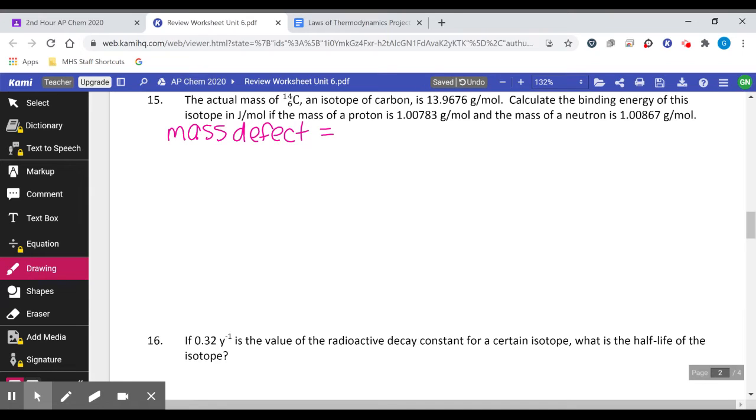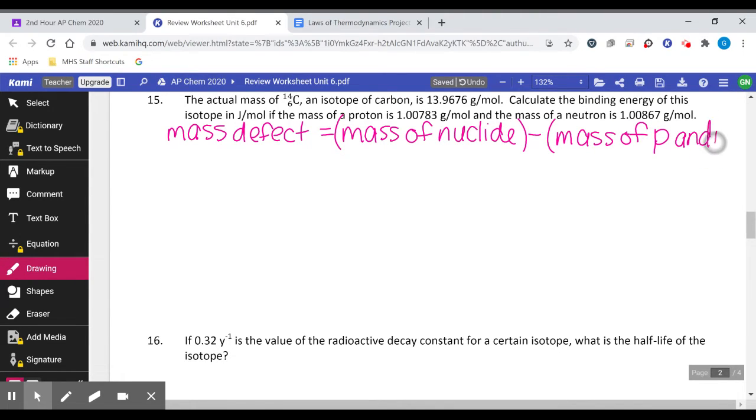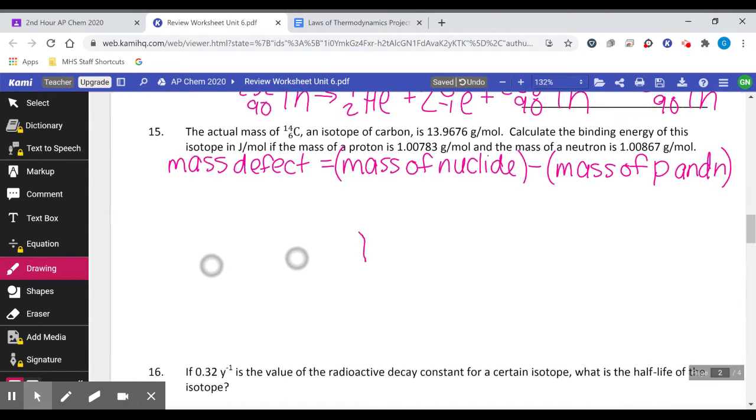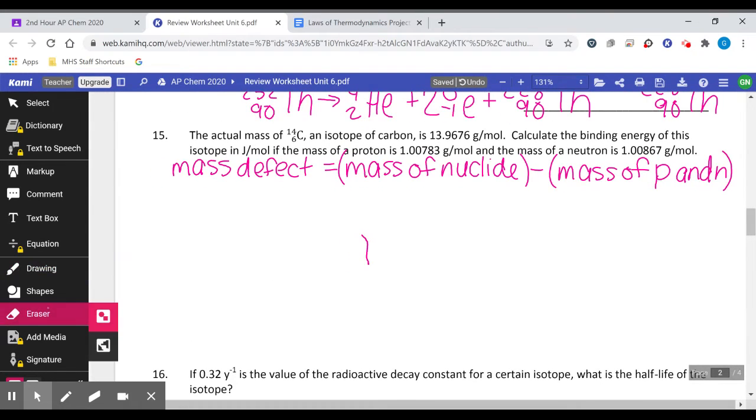It's going to be equal to the mass of our nuclide minus the mass of our protons and neutrons. Let's figure out real quick how many protons and neutrons we're working with.